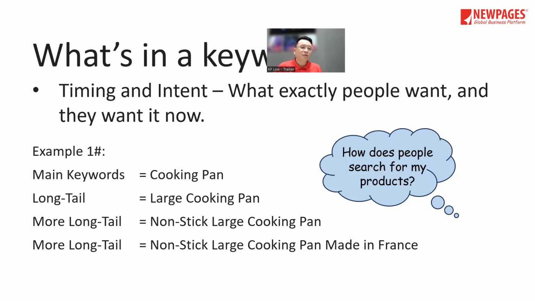A more long tail keyword would be a non-stick large cooking pan made in France. It not necessarily has to be France; it can be made in Italy or Japan, depending on the trending keywords people are searching for, and also on the product that you are selling. If you only have a product made in France, then that's it. You can't change it to made in Japan.